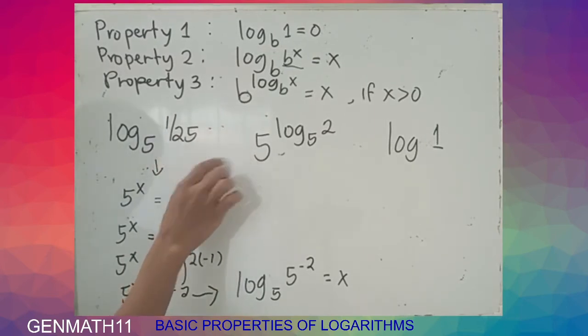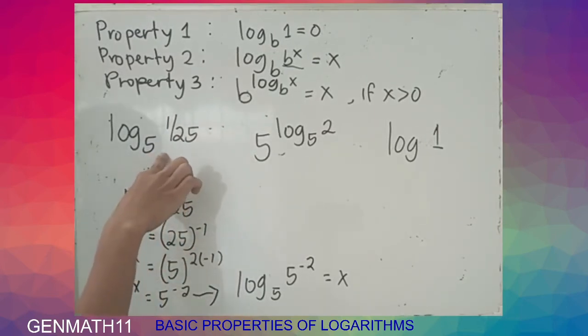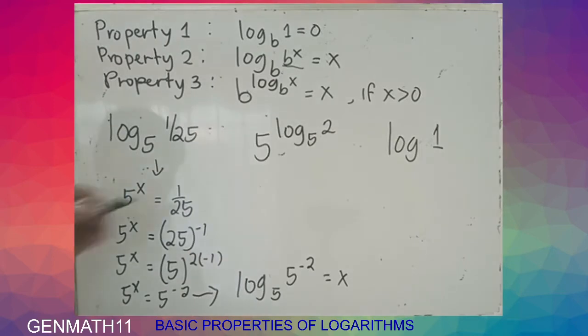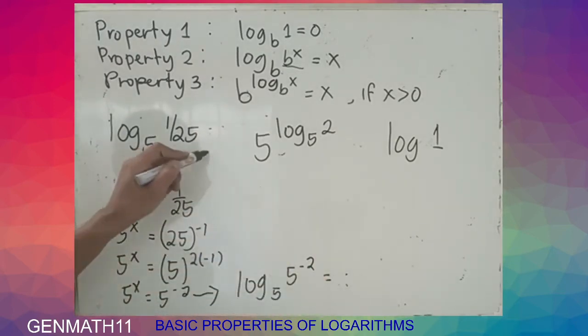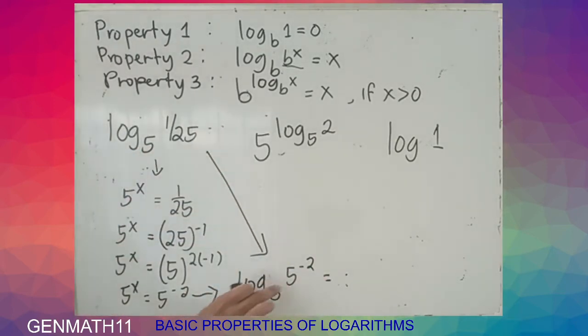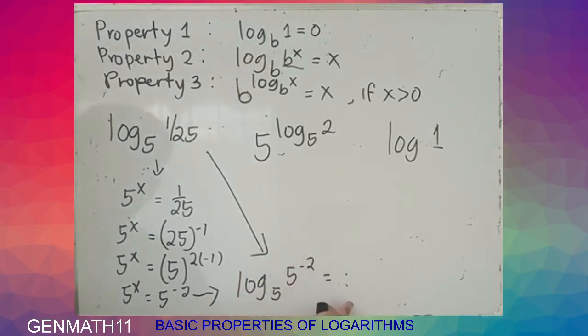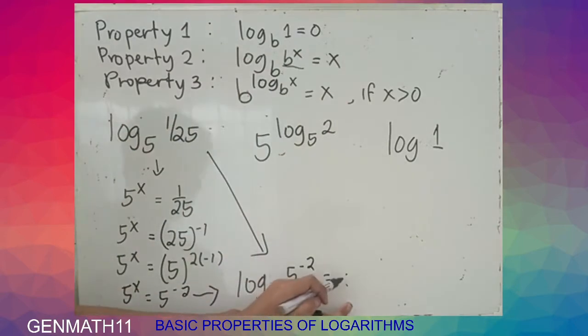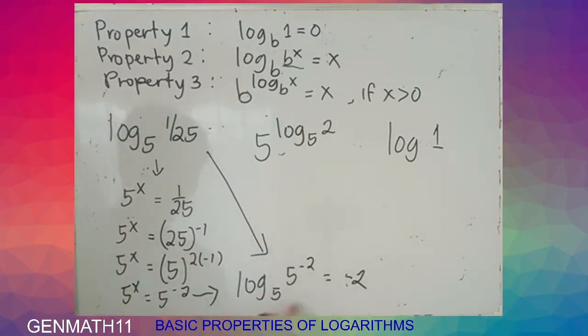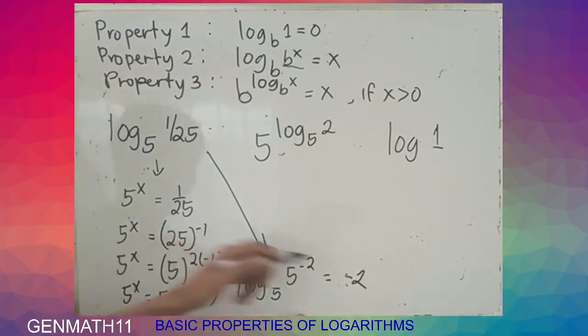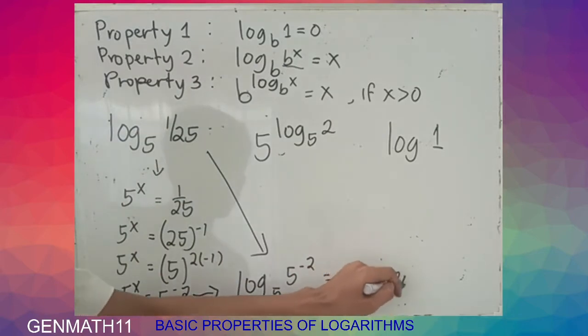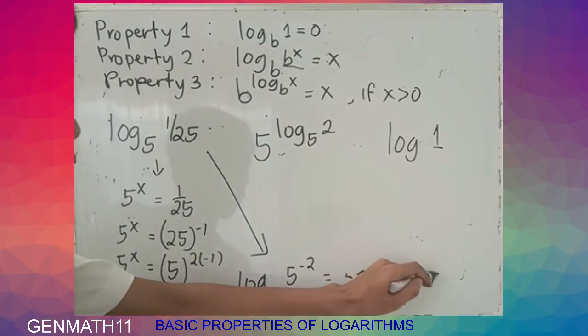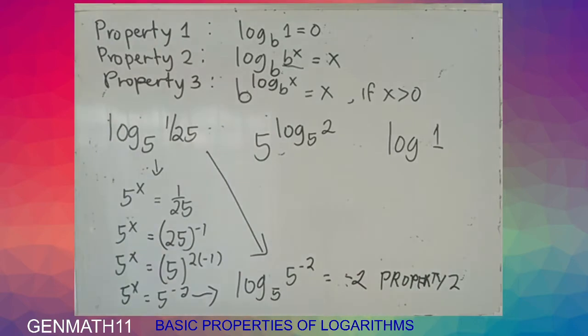So ibig sabihin, this property of log 1 over 25 can be translated into log 5 raised to the negative 2 power to the base of b is equals to, yung x natin, which is negative 2. Ito ay property number 2 again. Okay, so property number 2.